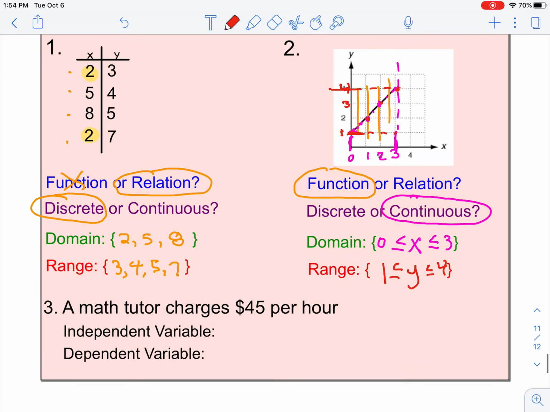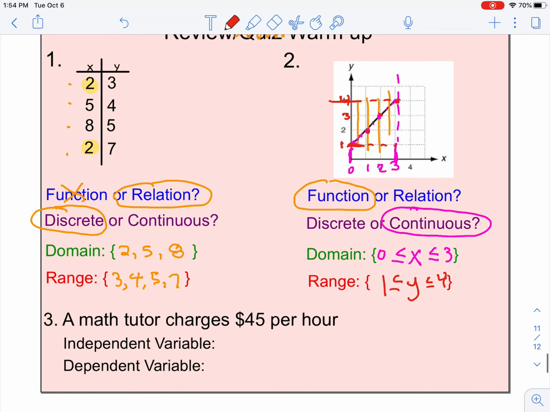All right, last question. A math tutor charges $45 per hour. So we want to identify the independent and dependent variable. So the math tutor charges per hour. So the money that is earned by the tutor depends on the number of hours that they tutor.